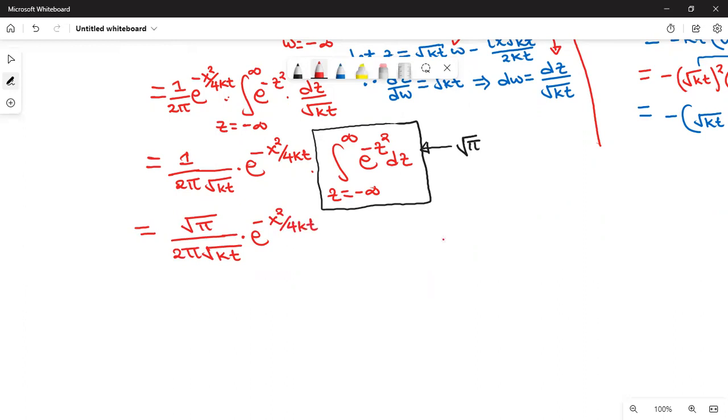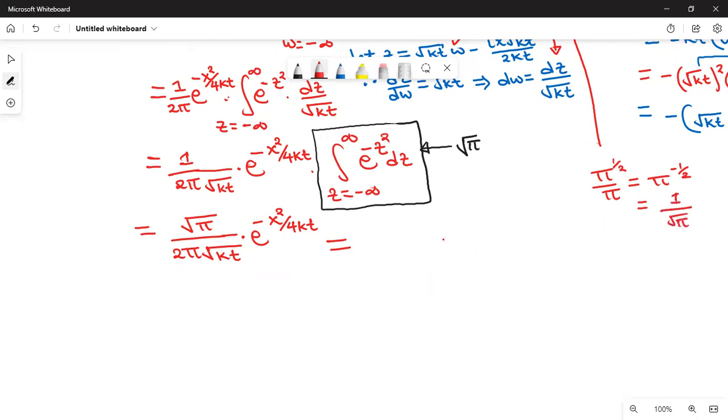And you see, there's pi in the numerator and another pi in the denominator. I can combine them. We have pi raised to 1 over 2 divided by pi, which is the same as pi raised to negative 1 over 2, which is the same as 1 over root pi.